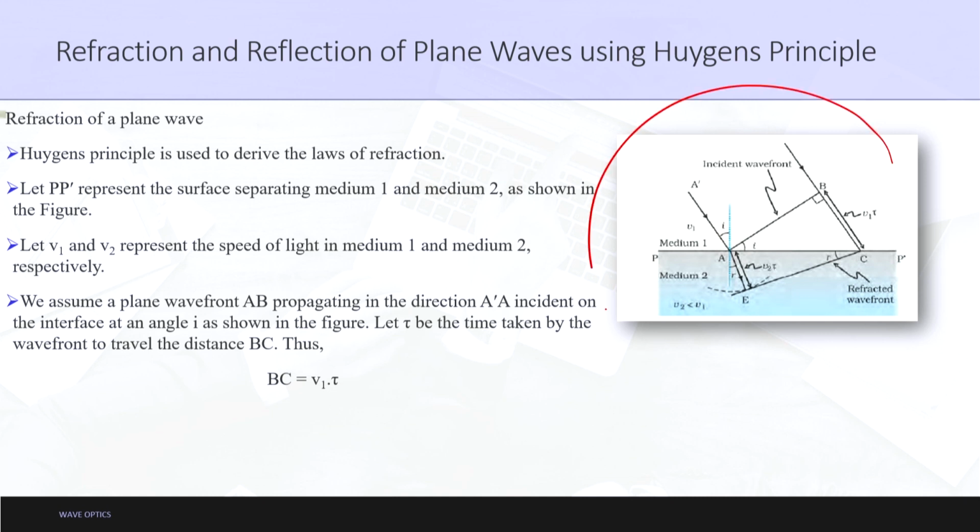First of all, let us look at this diagram. Let me explain whatever is required first and then I will add on. As you can see, there is an interface being formed here. I will keep on writing also, so as to make everything clear. Here P P dash is nothing but the interface. Very interesting concept, just listen carefully.